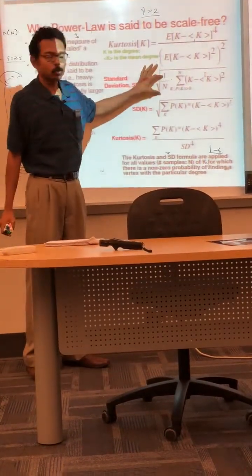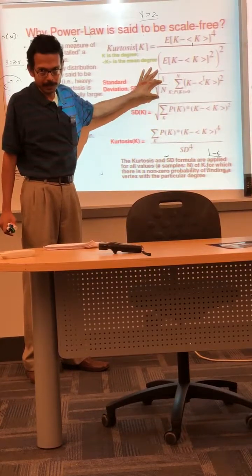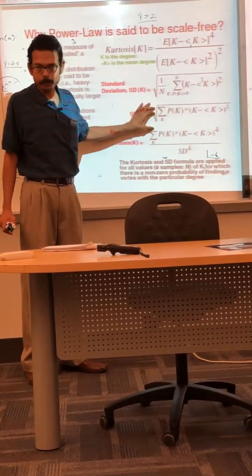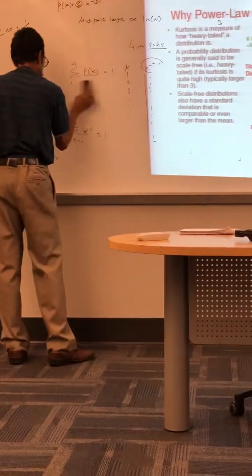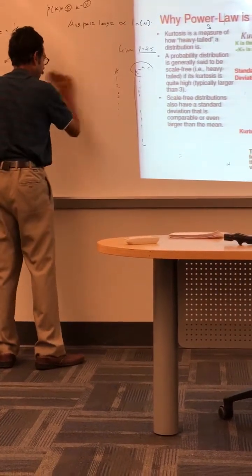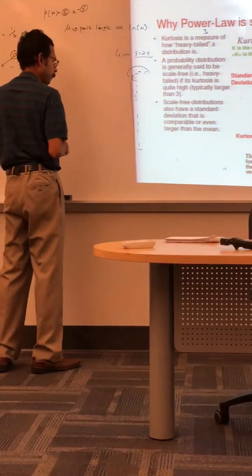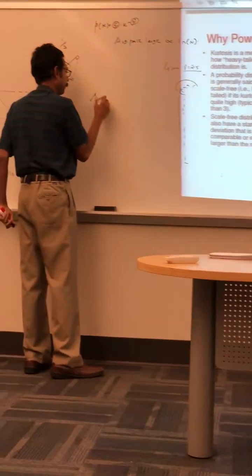Now, this is one formula to find standard deviation. The other way to find standard deviation: for the average degree, what was the formula? Summation of K times P of K is the formula for average.